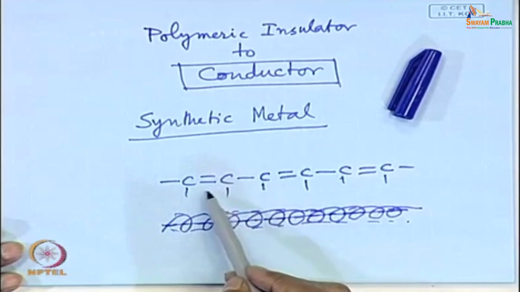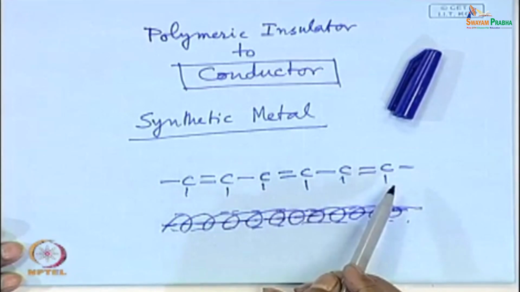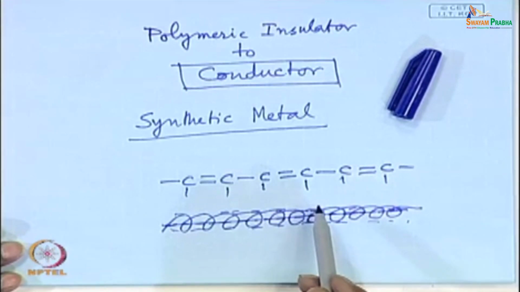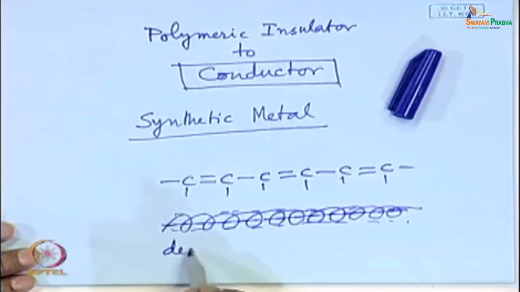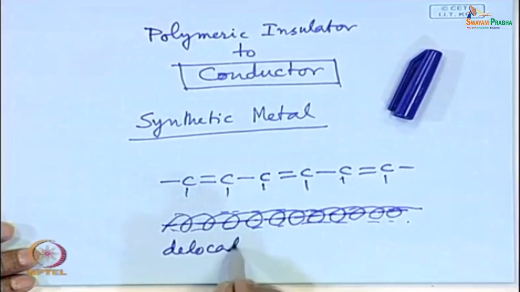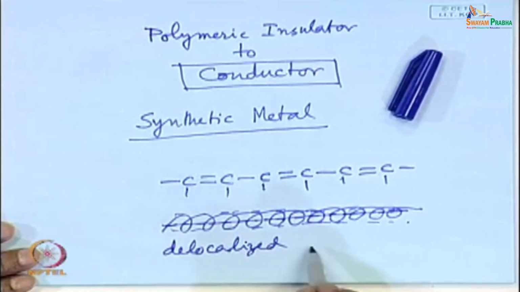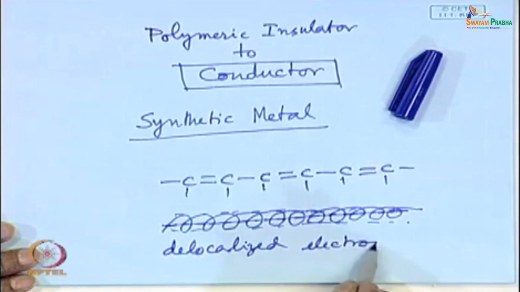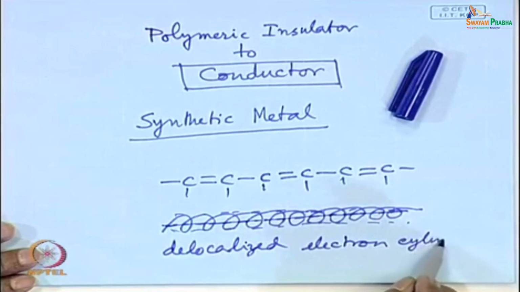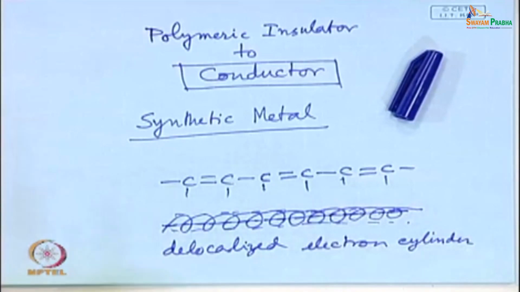If there is such a conjugated system of pi electrons, it can provide a cylinder of delocalized electrons. Our purpose is served, ideally at least we can think.